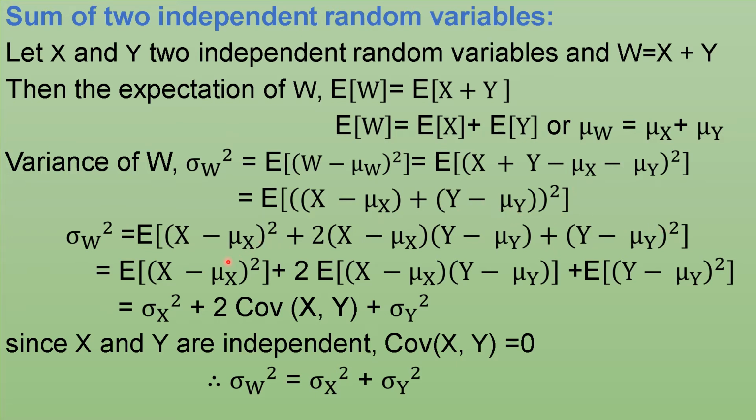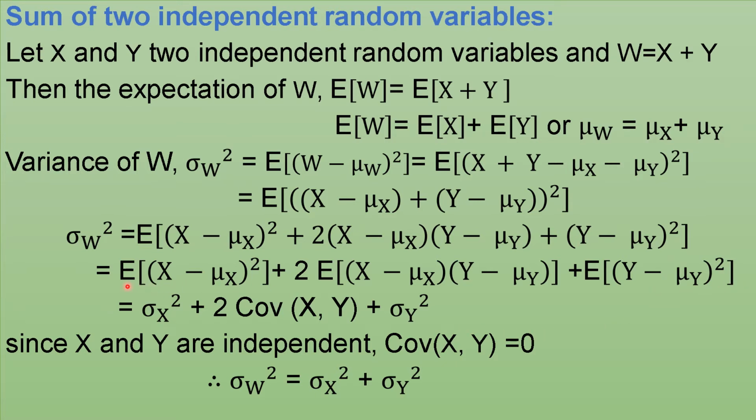Now use the linearity property of the expectation. This will be the expectation of x minus mu x whole square plus 2, which is a constant kept as it is, into the expectation of x minus mu x into y minus mu y, plus the expectation of y minus mu y whole square.